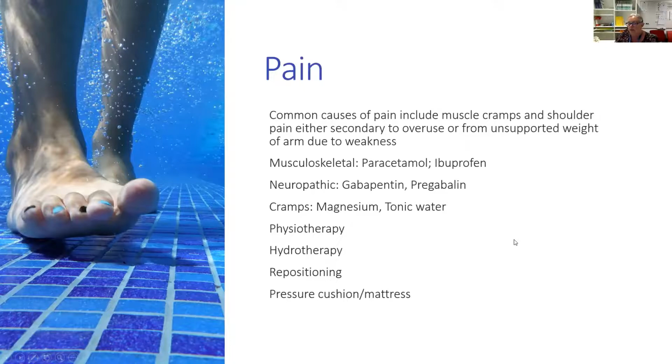Swelling as well can cause pain in your feet or your hands. So it's a matter of looking at those sorts of things to see what we can manage.